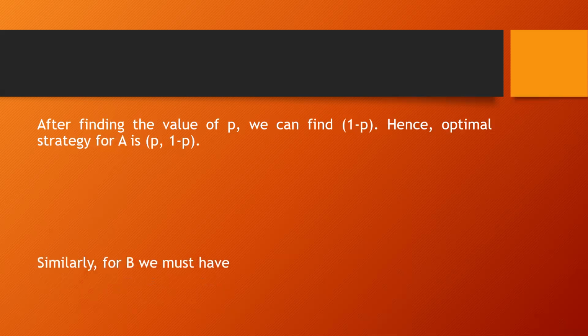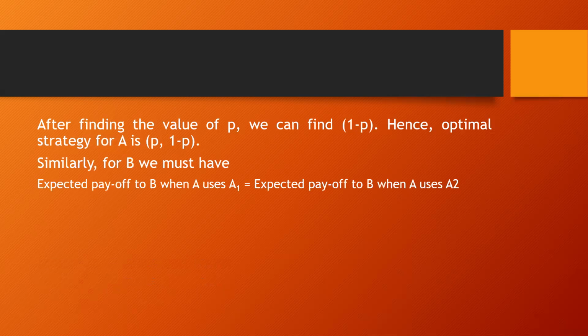So we are talking the reverse way. So the payoff of B should not change irrespective of what A is using, whether he's using A1 or A2. This can be written as follows.